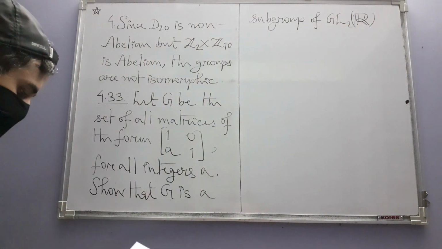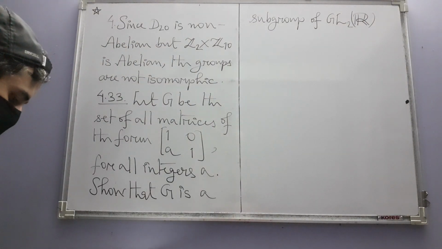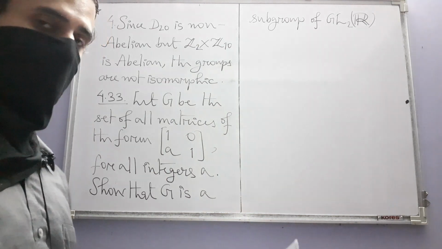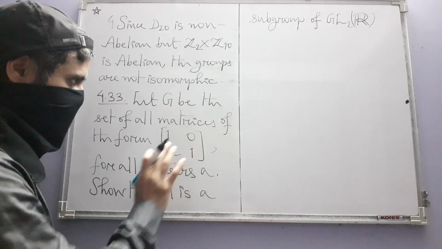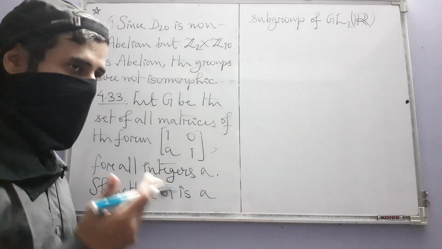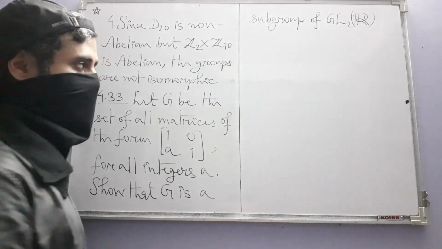So this is one half of the exercise, and the second half asks to what familiar group is it isomorphic? This group. It is isomorphic to some group that we already are familiar with. What is that group?